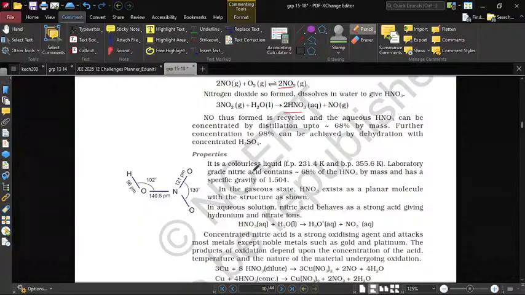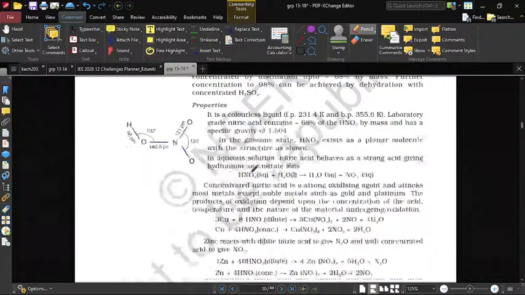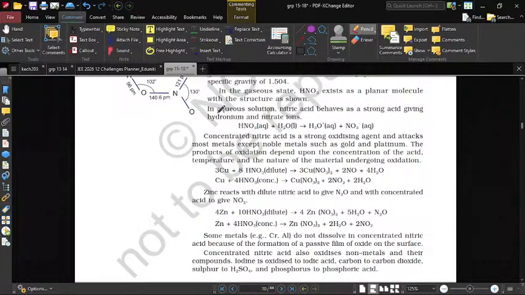In gaseous state, HNO3 exists as a planar molecule with the structure as shown. In aqueous solution, nitric acid behaves as a strong acid giving hydronium and nitrate ions. HNO3 plus H2O will give H3O positive and NO3 negative.